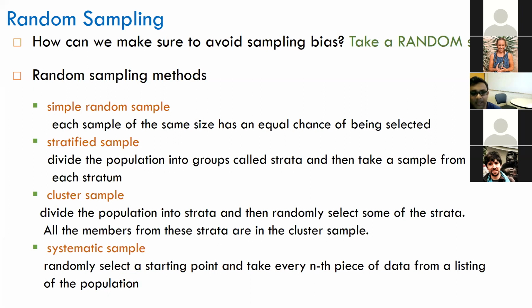You can make an appointment and come meet us, and we will explain how you can organize your experiment so you can minimize the sampling bias. Or you can email us, our email addresses are at the bottom of this presentation. Those are the main methods of random sampling to reduce sampling bias.